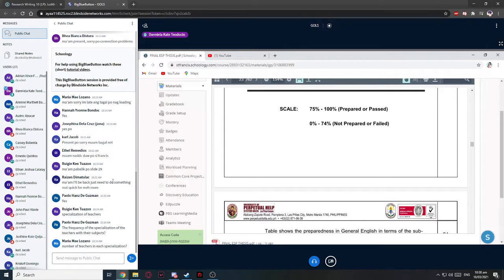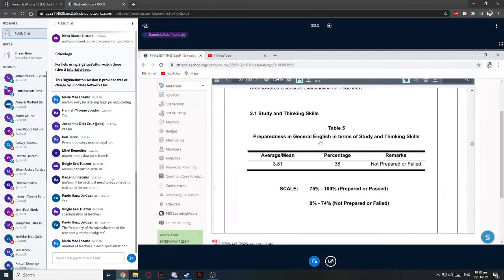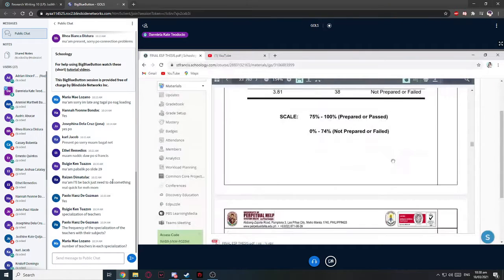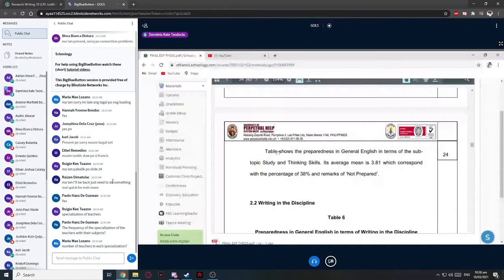So, in our first subtopic, study and thinking skills, the average mean of the students or the respondents are just 3.81 or 38%, which has the analysis that 38% belongs to not prepared or failed. Now, after presenting your data, you will be interpreting it as well.